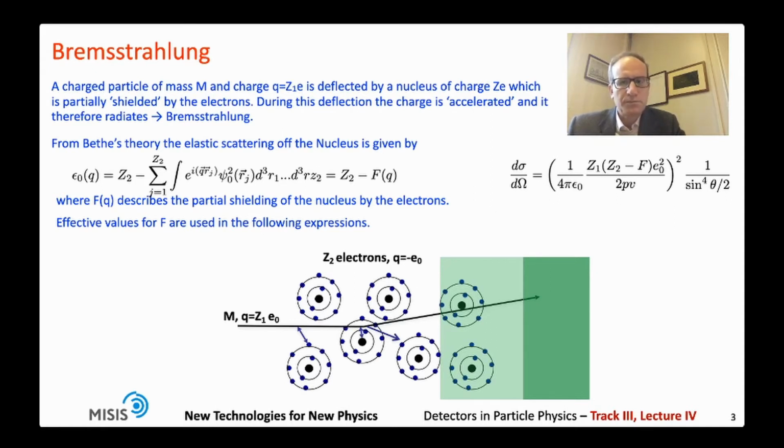So the elastic scattering of a particle off the nucleus is given by this formula, where you see that there is the sine of half of the emission angle to the 4th power at the denominator. So this means that, of course, this cross-section is very large when theta gets very small.